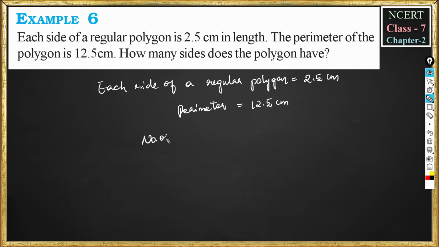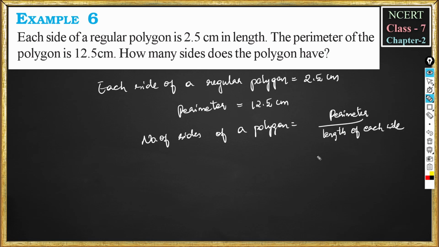So the number of sides of a polygon is equal to the perimeter divided by the length of each side. So the perimeter is what? 12.5 divided by each side of the regular polygon, which is what? 2.5.